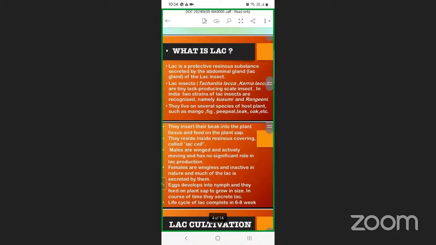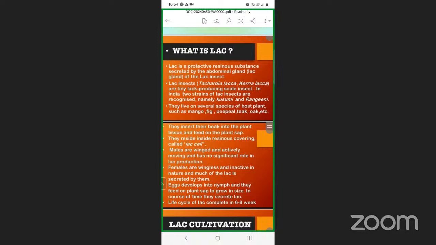Lac is a protective resinous substance secreted by the abdominal gland of the lac insect. Lac insects are tiny lac-producing scale insects of two species, Tachardia lacca and Kerria lacca. Mostly in India, we see Kerria lacca.